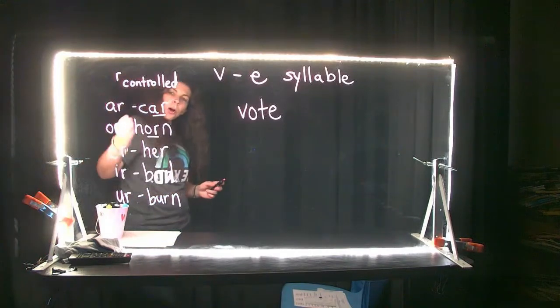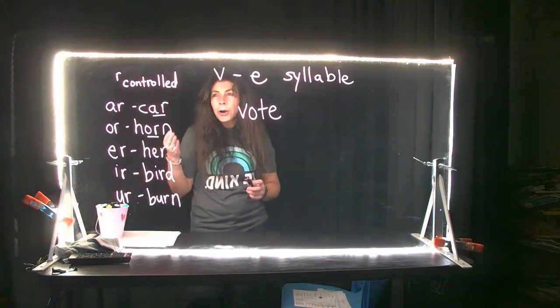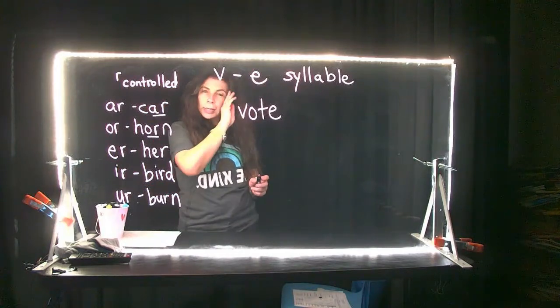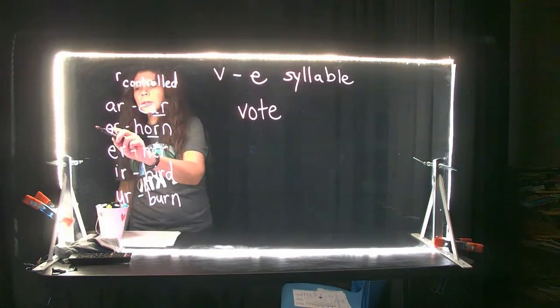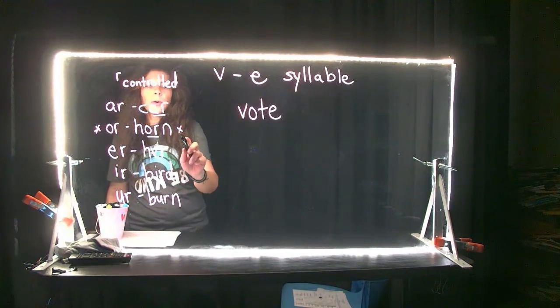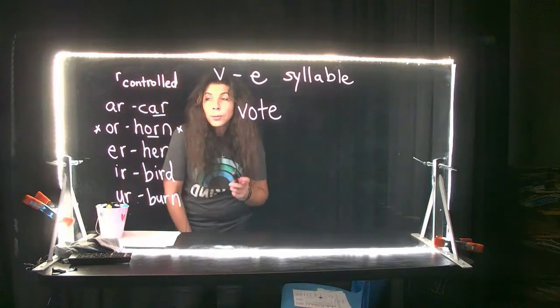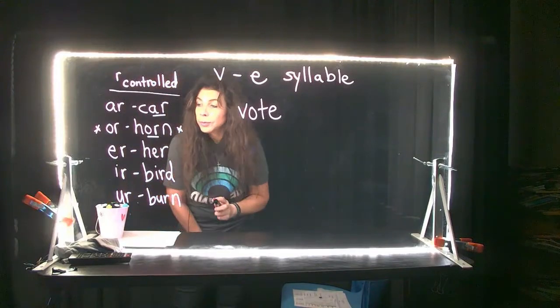So, these are the R-controlled, and the reason I want to bring R-controlled up with vowel consonant E is I want you to pay close attention to this O-R. Remember, R-controlled was also a review from second grade.